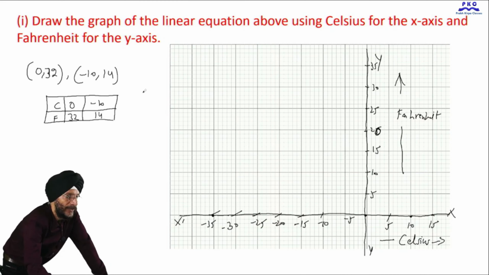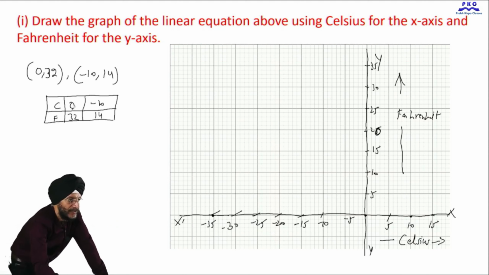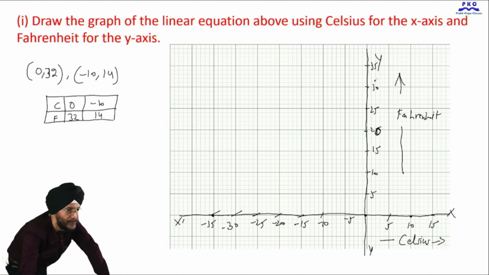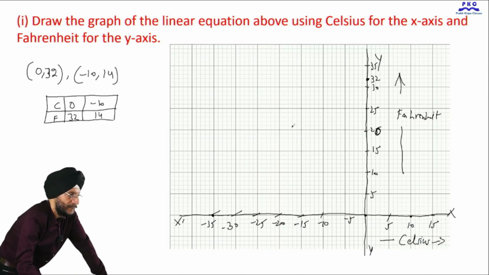So now we are to fill these values on the graph. We are to pinpoint the areas where the values of these two are filled. When C is 0, that is, Celsius is 0, here it is 0. Then what is Fahrenheit? Fahrenheit is 32. 32 comes here. So the first point is this.